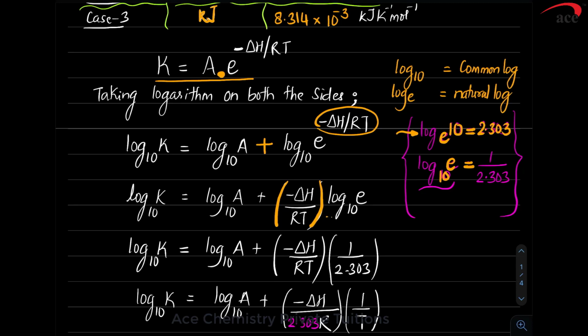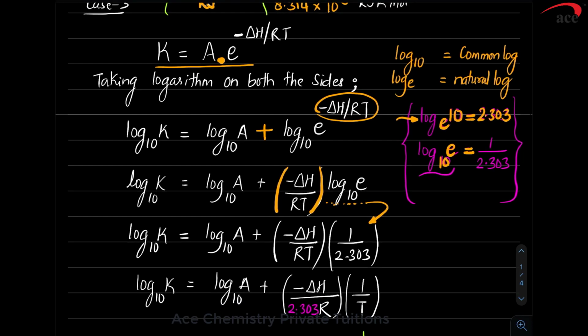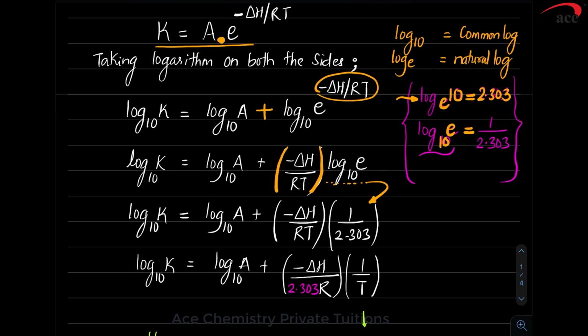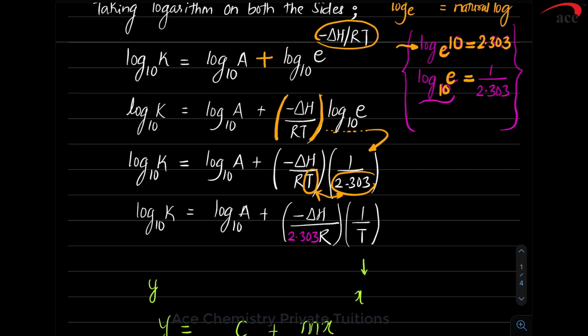That means we can substitute this value as 1 by 2.303. Then what we do? We rearrange temperature and 2.303 interchange. So, you will have this formula for log of K.